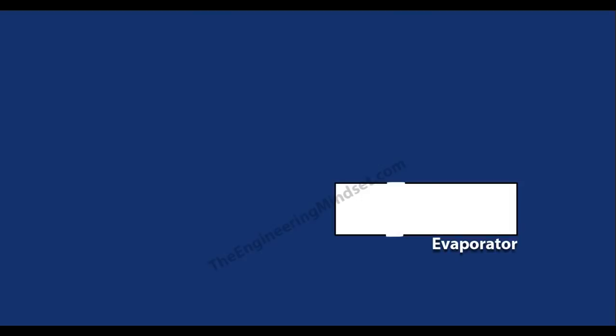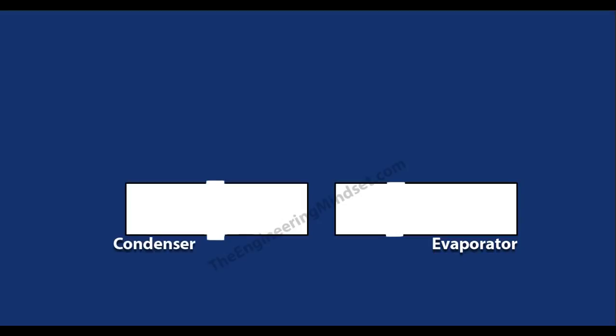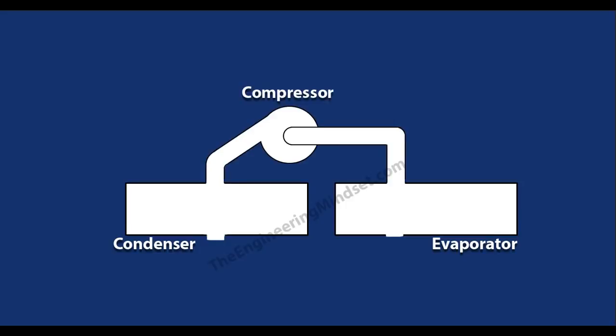There are many designs for a chiller, but these are the four main components which will appear in every single one of them. So firstly, we've got the evaporator, then we have the condenser, then we have the compressor up on the top there, and down below it we have the expansion valve.